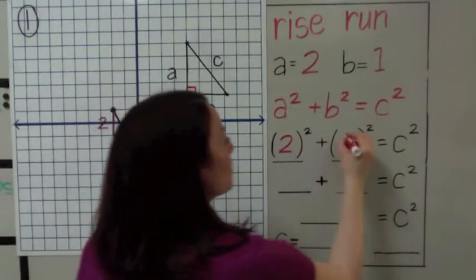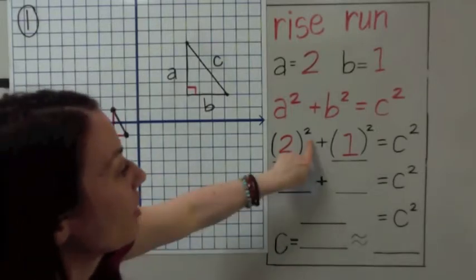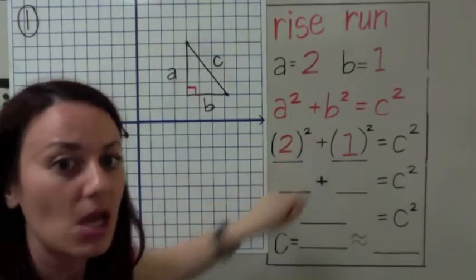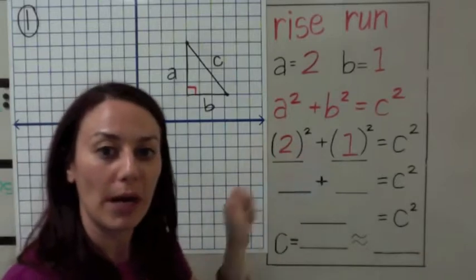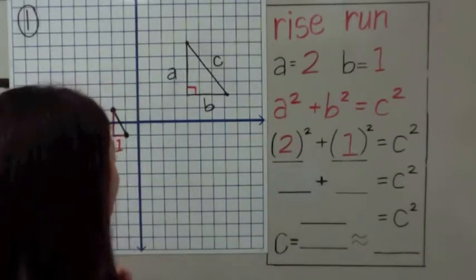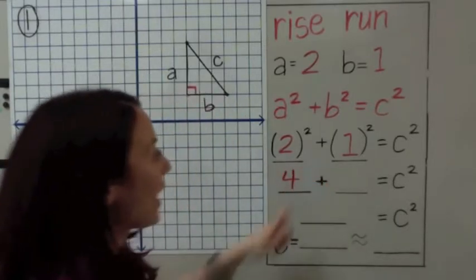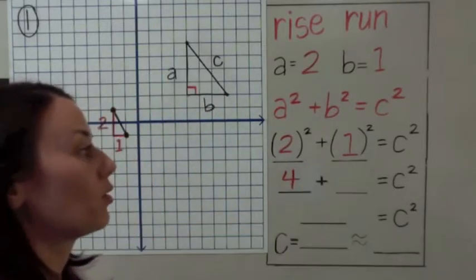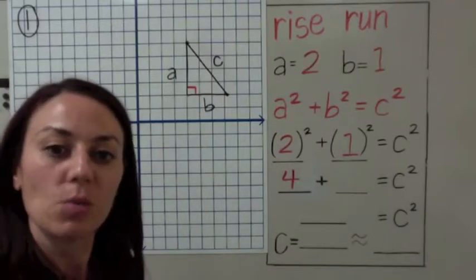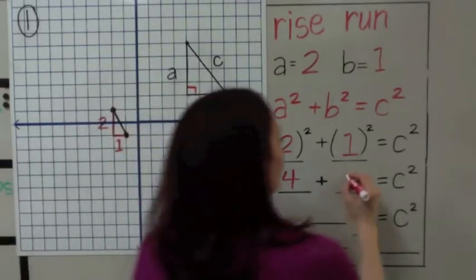What's B? It's 1, all right? After we substitute, it's telling us we have to square the sides. So what's 2 squared? 2 squared is 4. Very good. All right, great. And then what is 1 squared? 1 squared is the same as 1 times 1, right? What's 1 times 1? It's 1. Very good.